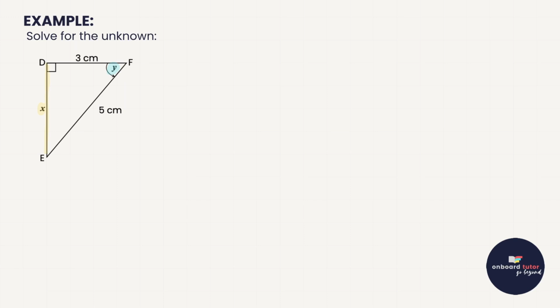Pythagoras says that the hypotenuse squared, let's get our hypotenuse labeled here, is this side here, h. The hypotenuse squared is equal to the sum of the squares on the other two sides. So DF squared plus DE squared must equal EF squared.